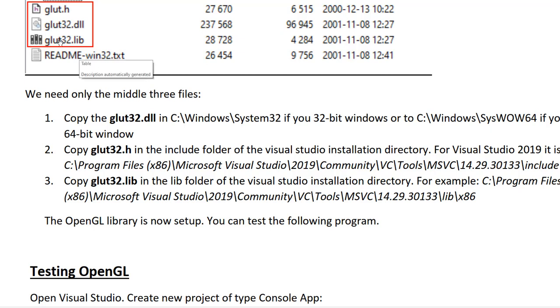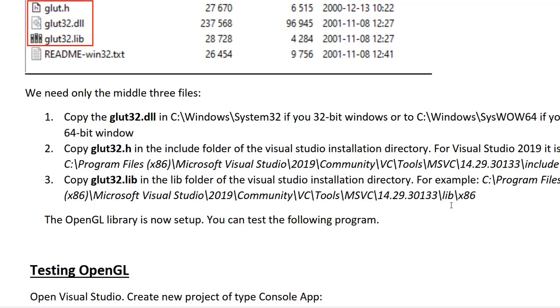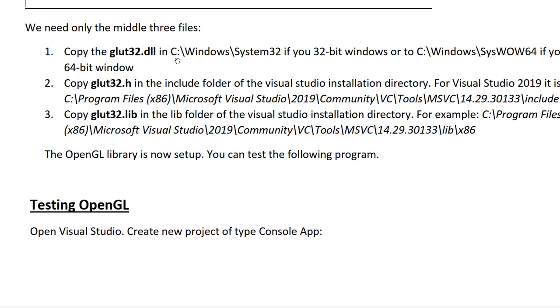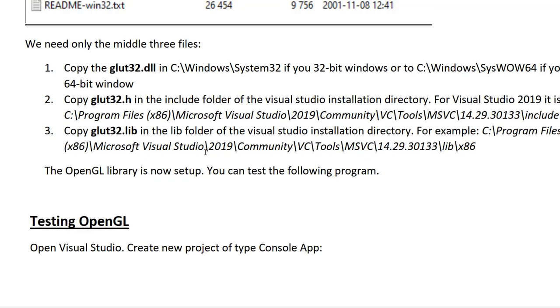You will use glut.h in the include folder, and finally you have glut32.lib, the lib file, which you will use in this directory. When you copy all these files into these folders, your library will be set up.